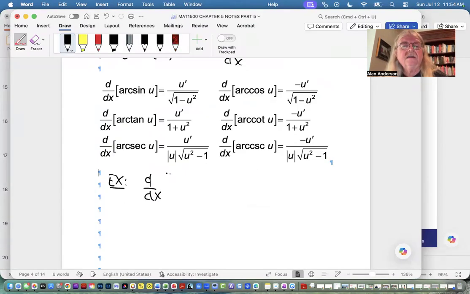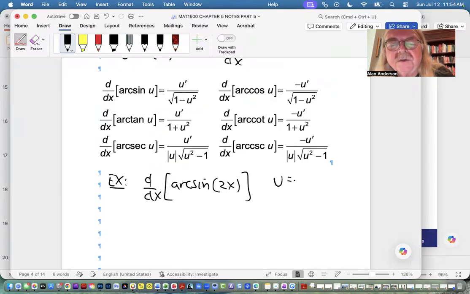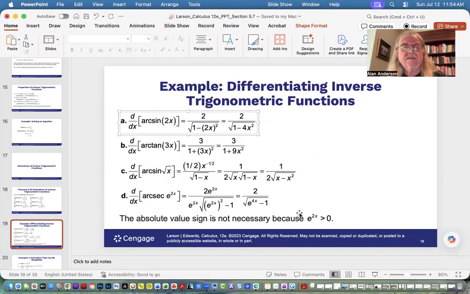arc sine 2x. So here U is the 2x, du dx is 2. Okay.